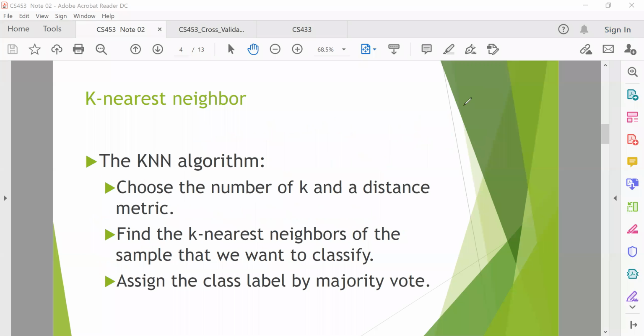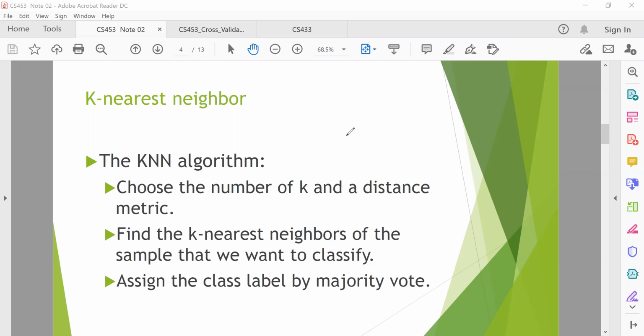Okay, so generally speaking, how the algorithm works, you will see it's quite straightforward. This says choose the number of K. So K is the number of neighbors and a distance metric. So that's the first step.